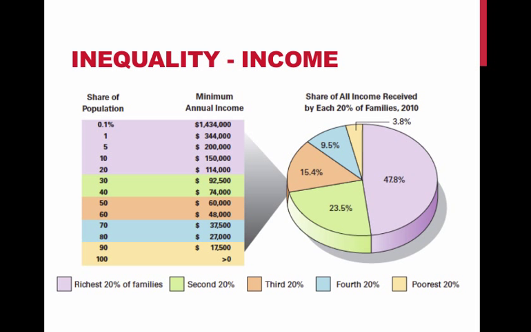If we look at the share of all incomes received by each 20% of families, so if we break families down into 5 quintiles in the United States, we can see that the richest 20% of families bring in about 47.8% of all income earned. That's nearly half of all the income that's earned going to 20% of the families. And we see that the poorest 20% of families bring home about 3.8% of the income in the United States. And this is in 2010.